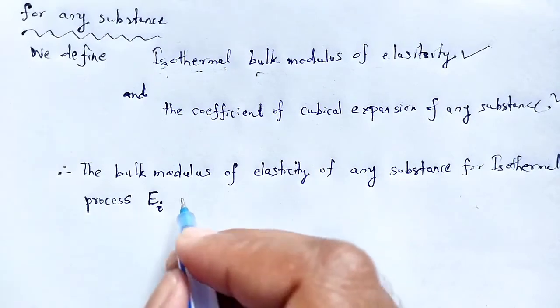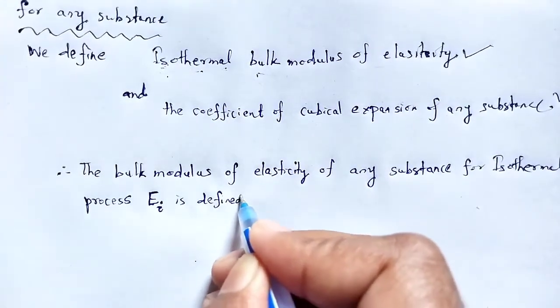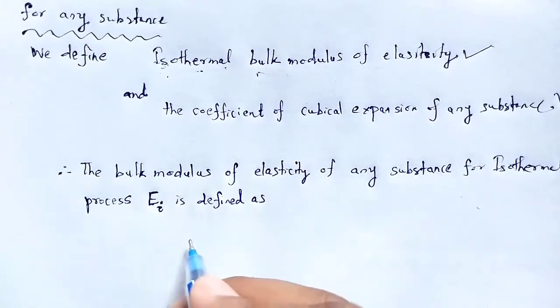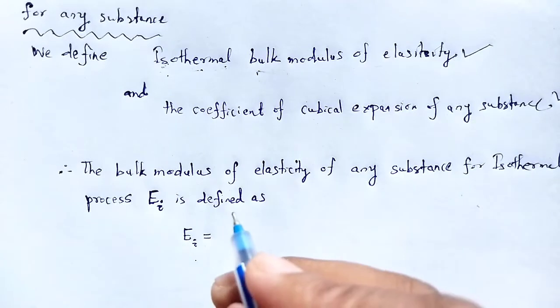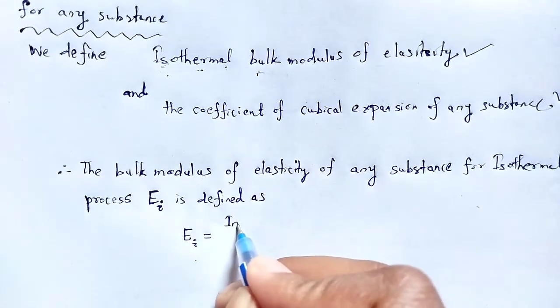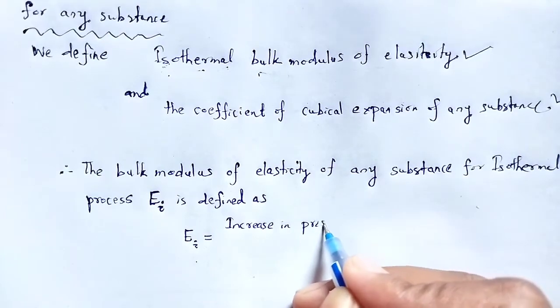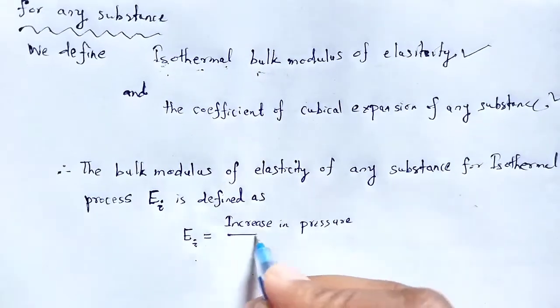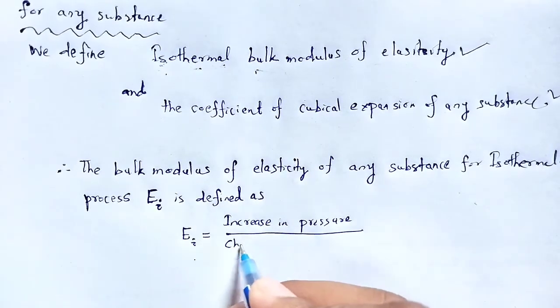E_I is equal to increase in pressure divided by change in volume to original volume.